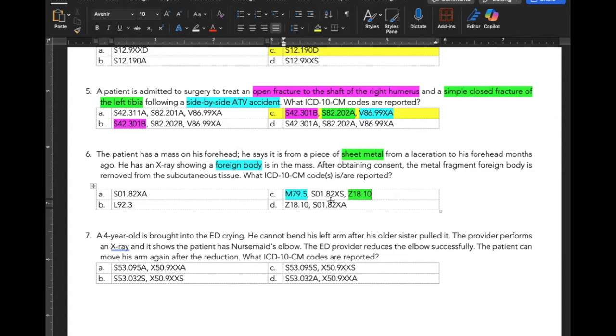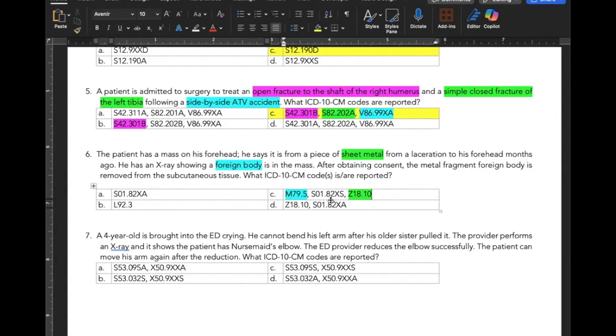So why are we using 7th character S? Any guesses on why we're using the 7th character? Is it because it was months ago? Yes.